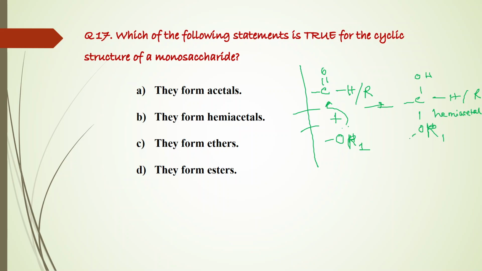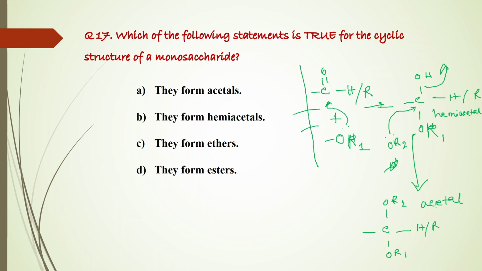And after the second attack, if another OR2 attacks here and your OH group is removed, resulting in the formation of OR2, OR1, then this is your acetal.